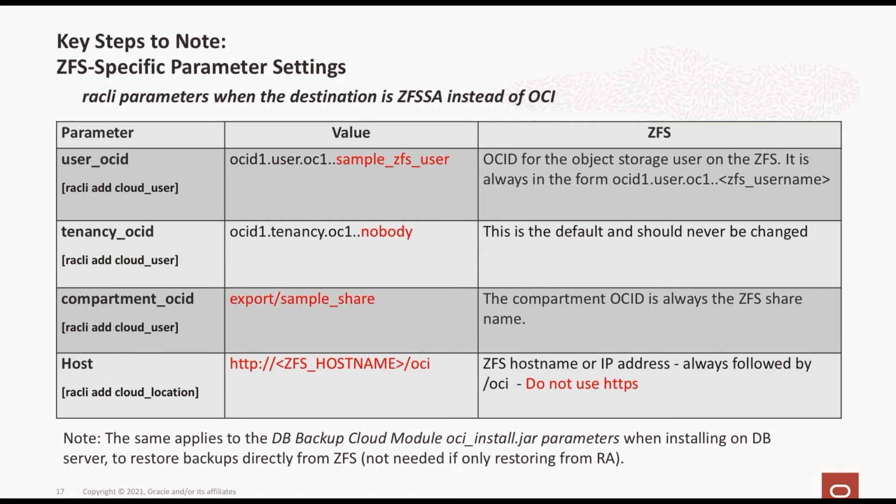The next command that you have to use is the RACLI add cloud location. Here you specify the host parameter. The host parameter is the ZFS host name or IP address, and it's a URL. It looks like this, right? So HTTP://ZFS hostname or IP address/OCI. Make sure you use the right IP address or host name here, not pointing to the admin interface or something, right?